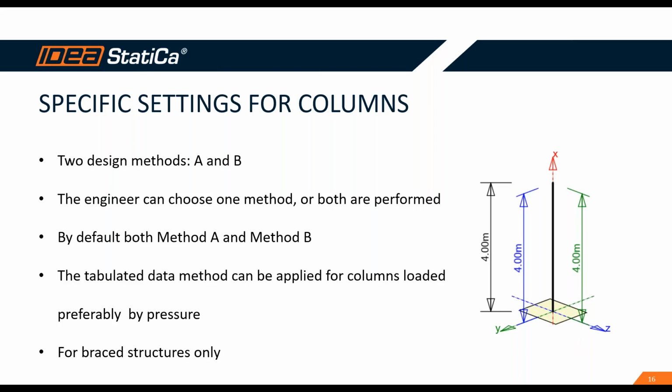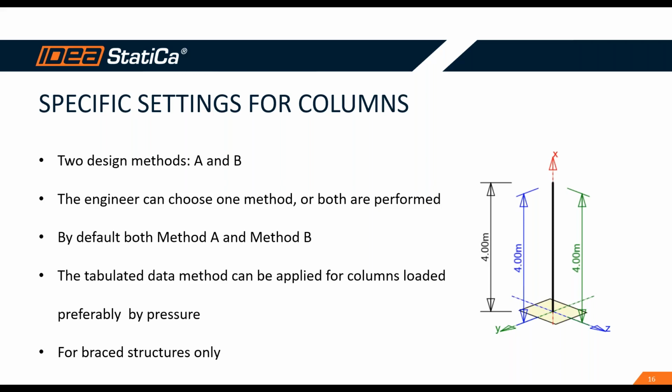And let's see some specific settings for columns. According to Eurocode, we can use 2 design methods, method A and method B. The engineer can choose one method or both methods are performed.